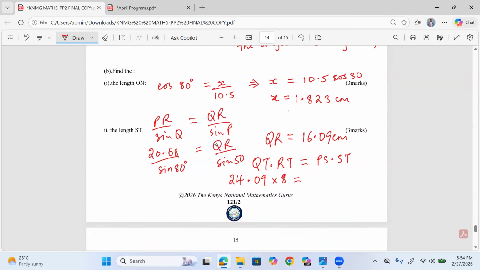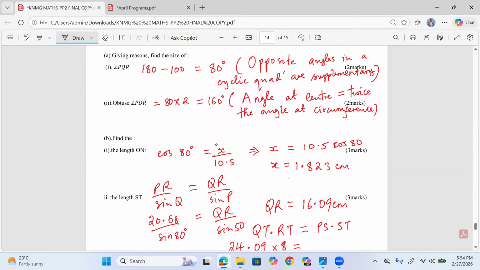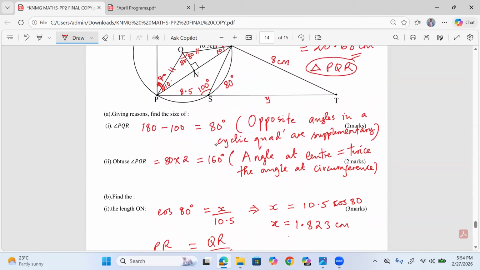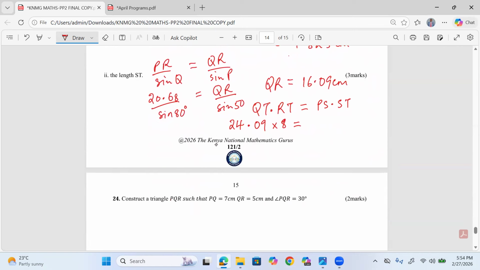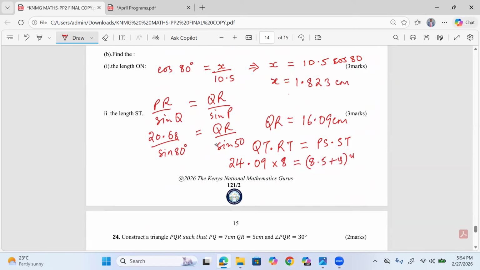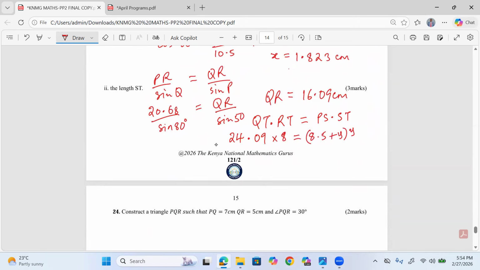This is the same as PS, the length P to S, which should be 8.5 plus Y, multiplied by the outer portion, which is Y. Remember, we let it be Y.